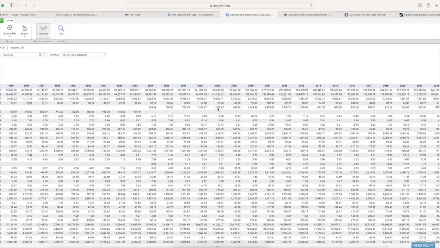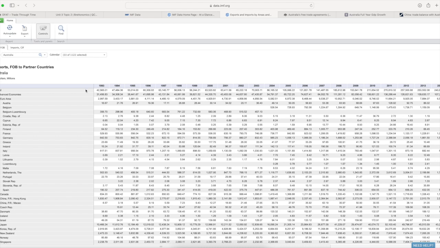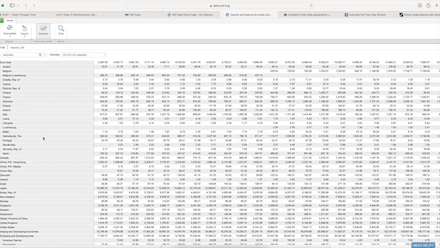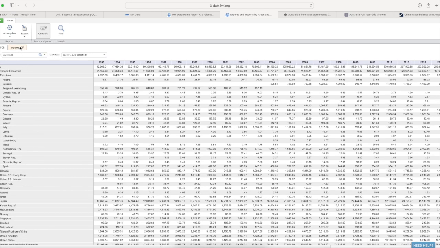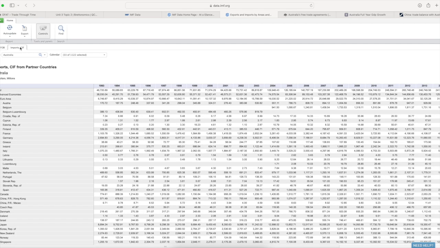Now these big spreadsheets can look a bit overwhelming, but with a little bit of manipulation in Microsoft Excel, there is an export function on the top there, you could actually go and start to look at our total export to the world, or you could start to look at, for instance, our exports to specific nations like Denmark or China, anyone you like. On the same next tab along, it also provides me with our imports.